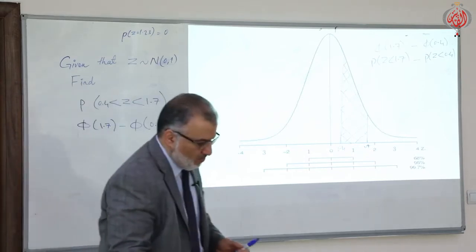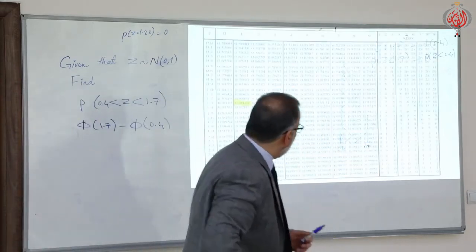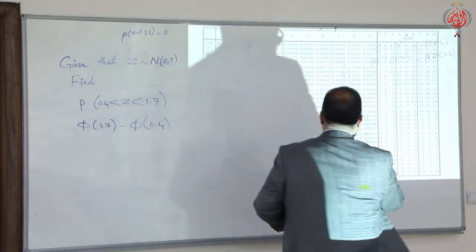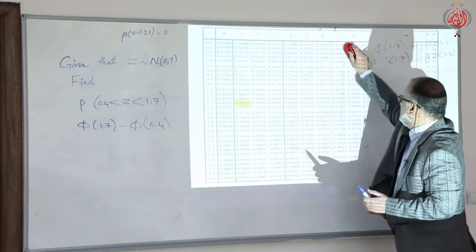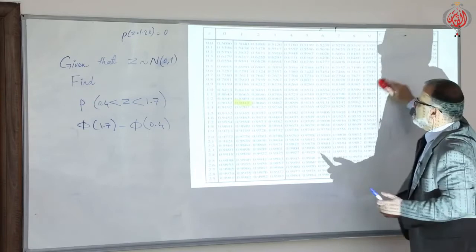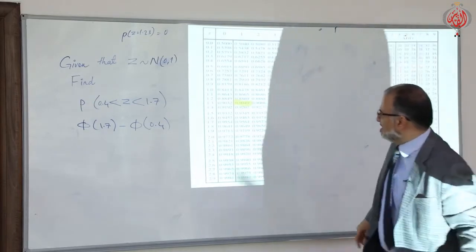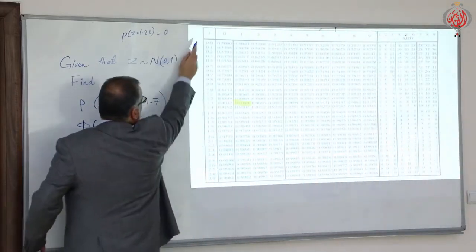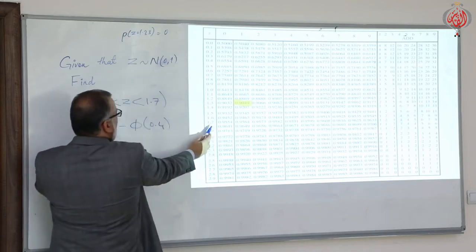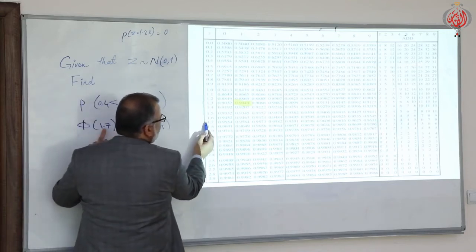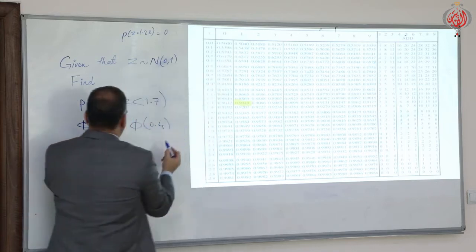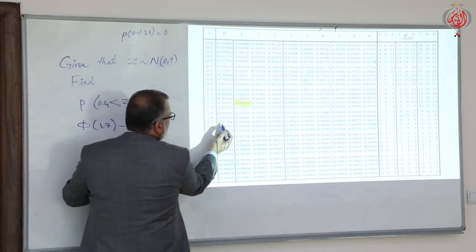From your textbook, you can find it. 1.7. What is 1.7? Only 1.7, so it means 1.70. You don't have hundredths, so it means that value.